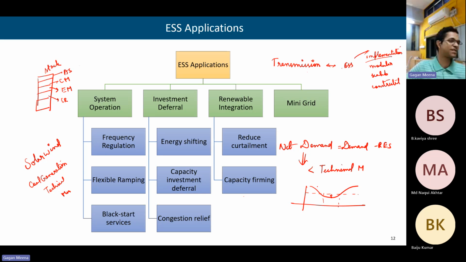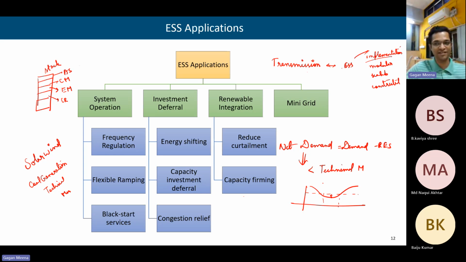We cannot reduce the coal generation, so we need to reduce the generation from solar or wind. Then curtailment will be there. The renewable output has to be curtailed. Although generation is there, it is not allowed to be fed into the grid, so there is a wastage of solar generation.